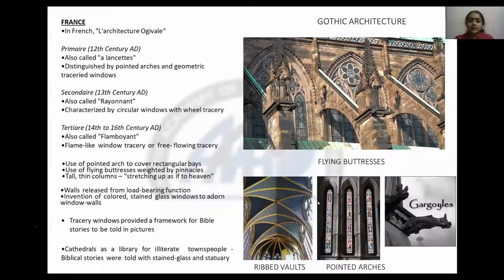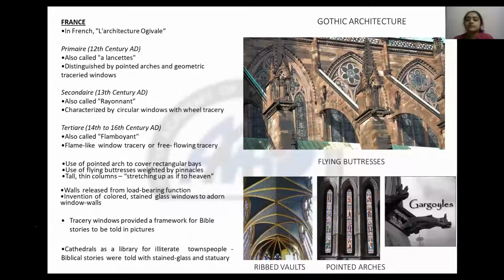In Gothic architecture, you can have stained glasses. You can see many stained glasses. Stained glasses give you colorful lighting, so that was also used as a decorative element. And you can see gargoyles. Gargoyles were a very prominent structure in Gothic architecture.